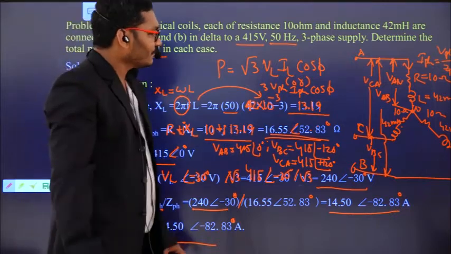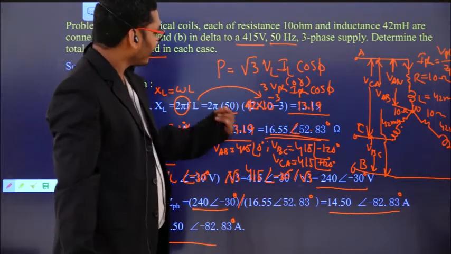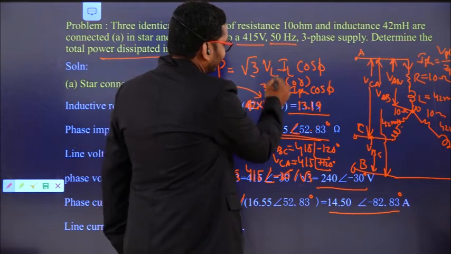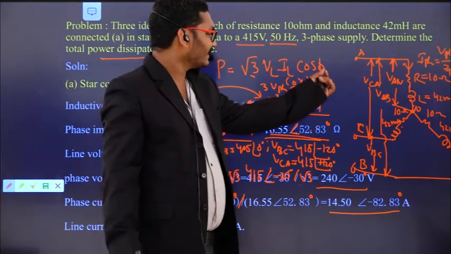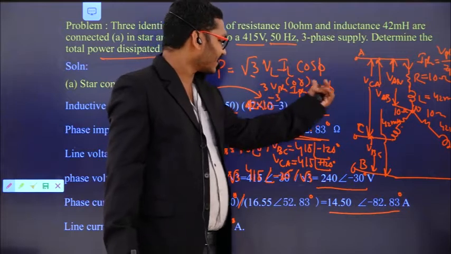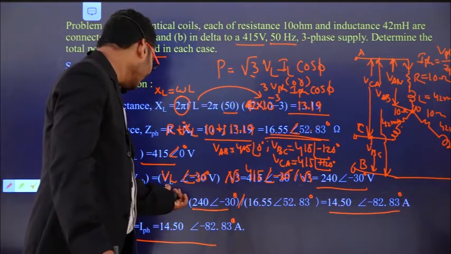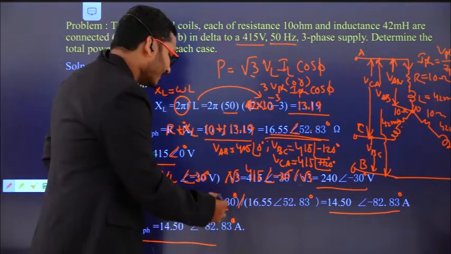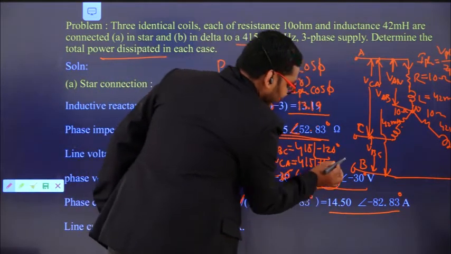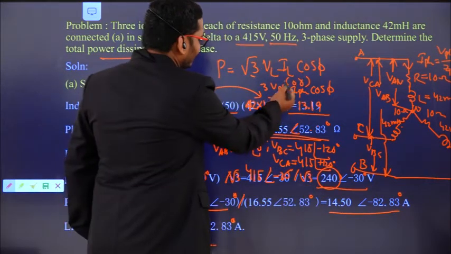Now if you want to find the power, this is the power equation. You can consider root 3 VL IL cos phi, where phi is the angle between the phase voltage and current, or you can use 3 V phase I phase cos phi. What is the V phase magnitude? It is 240, so substitute 3 into 240.